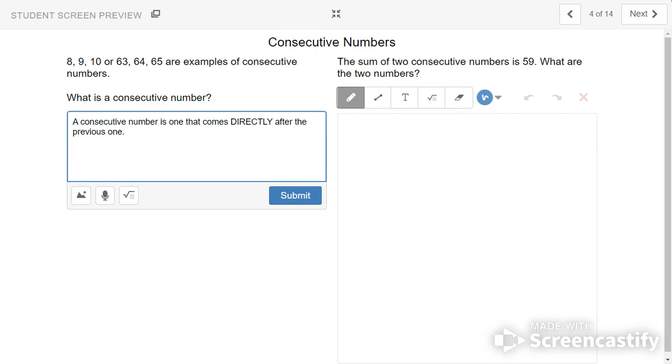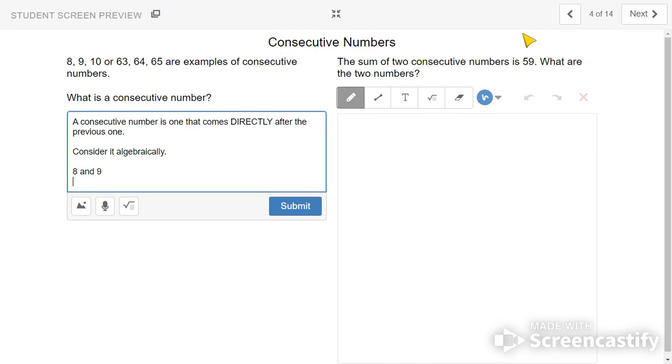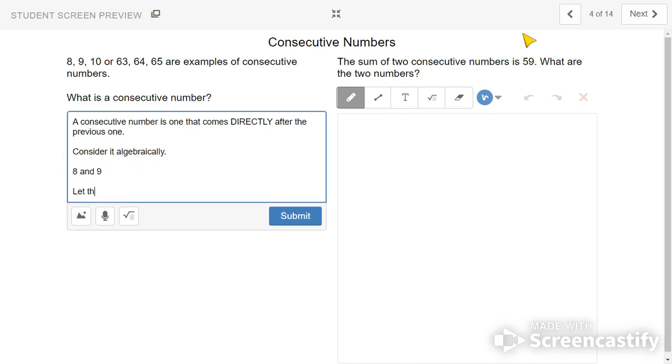So let's look at this in an algebraic sense. If I had the numbers 8 and 9, I know that these are consecutive numbers, but I could say let x be the first number.